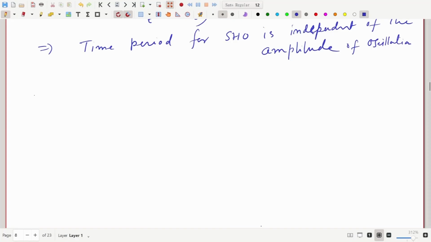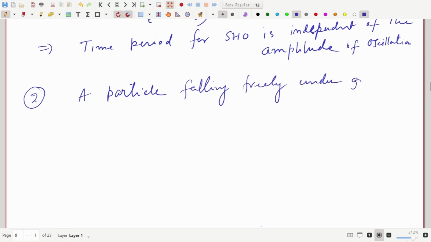Okay. Now, for the second example, we consider a particle falling freely under gravity. We know the potential energy is mgz. That means k equal to 1, because it is linear in the coordinate.